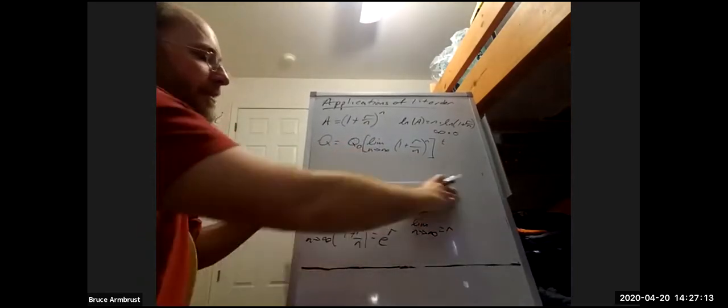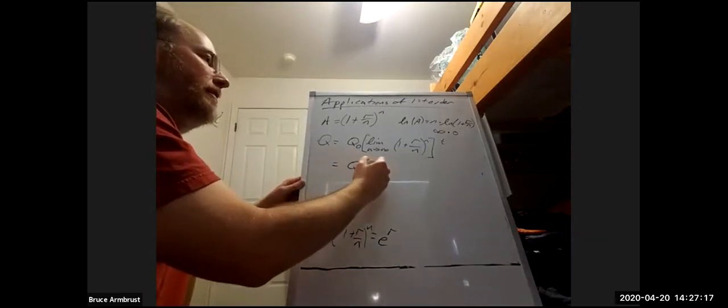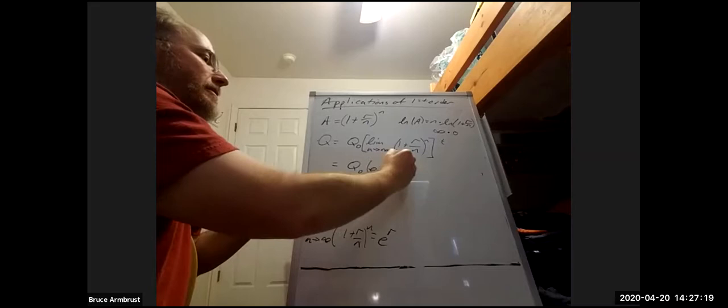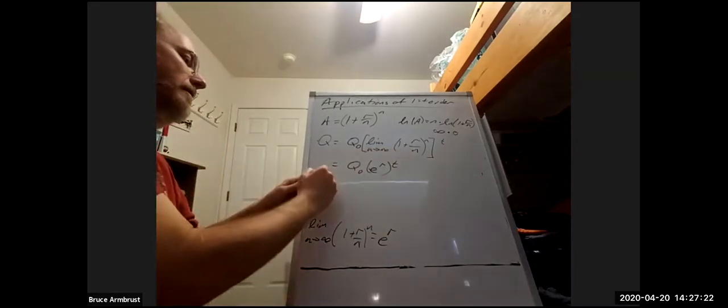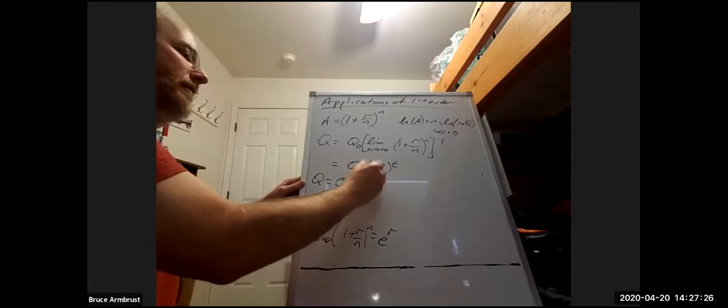So we just calculated that this limit is actually e to the r. So this is Q naught e to the r raised to the t, which then by the rules of exponents gives us Q equals Q naught e to the rt.